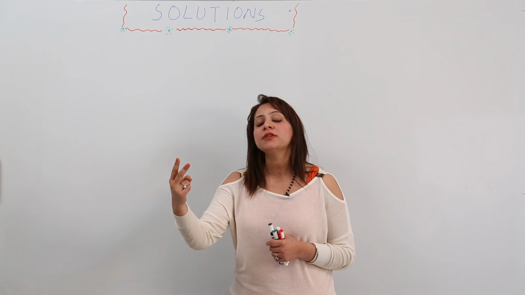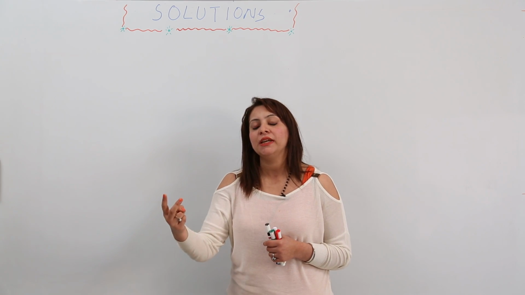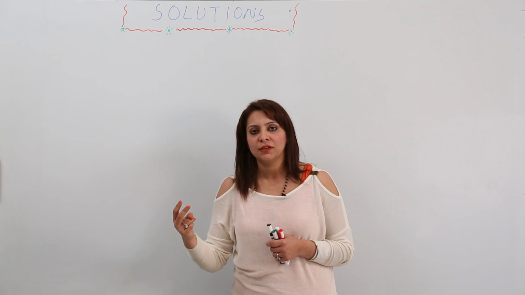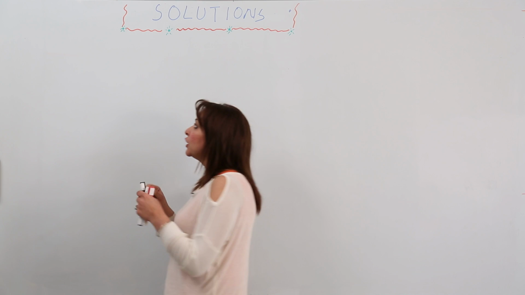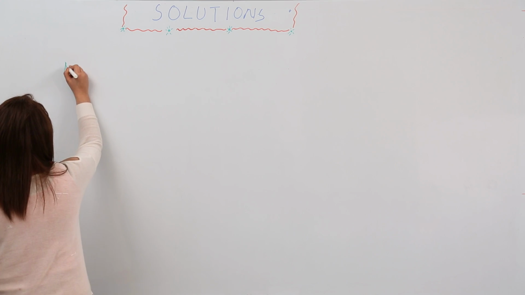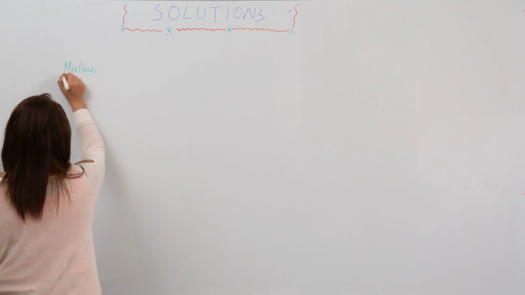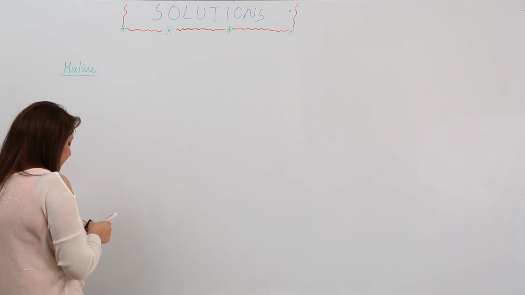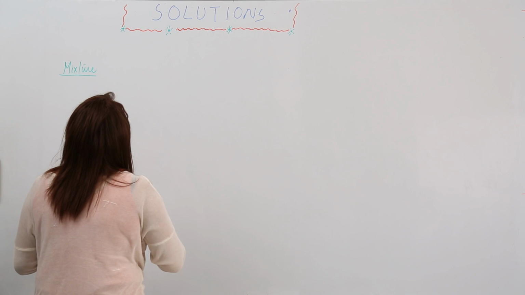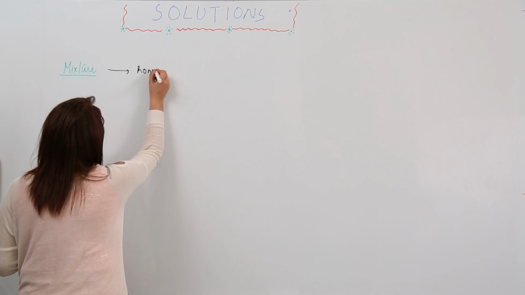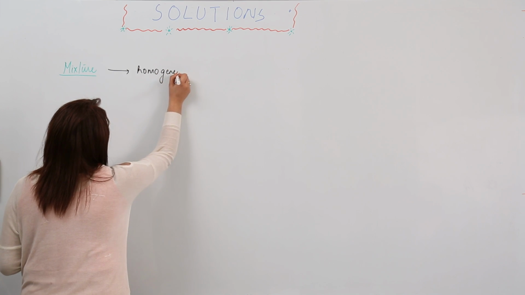Out of these two subcategories, the solution falls under the category of homogeneous mixture. So whenever you see a solution, it should be clear in the mind that it is a mixture, and out of homogeneous and heterogeneous, it is the mixture which is homogeneous in nature.